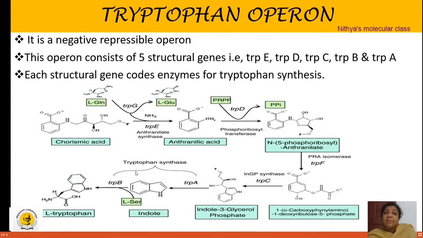These enzymes are very important in tryptophan synthesis.